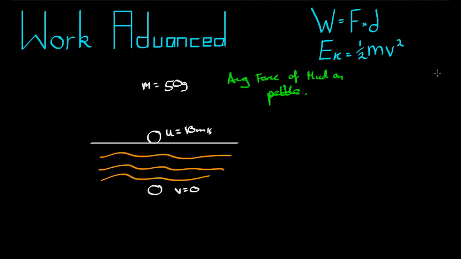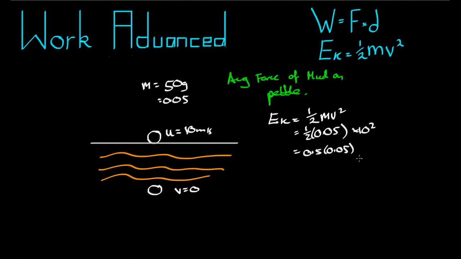this pebble. It started off with an initial velocity of 10 meters a second, so its initial kinetic energy was equal to 1/2 mv squared, or 1/2 0.05 kilograms, using kilograms here, times 10 squared, so that's 0.05 times 100, or 2.5 joules.